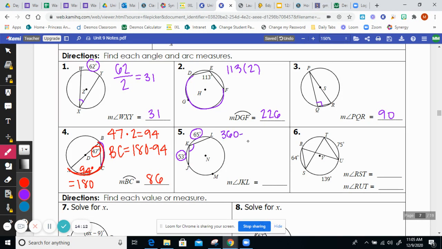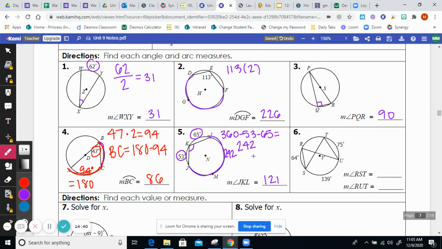I can do 360 minus 53 minus 65, and I end up getting 242. So that means that the arc measure for JML is 242. Now I take 242 and divide it by 2 to get my angle measure, which is going to be 121.